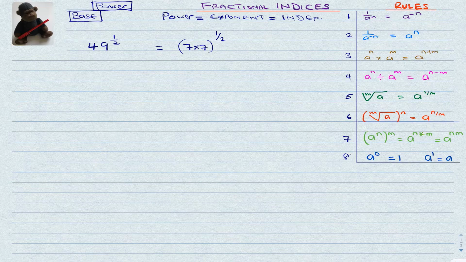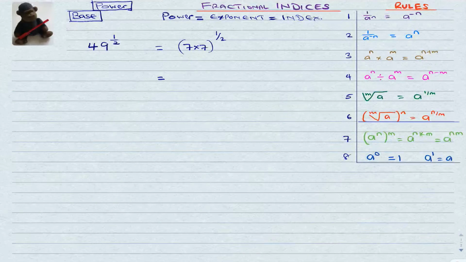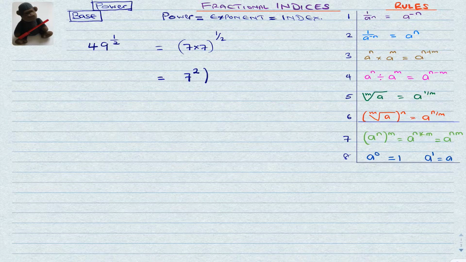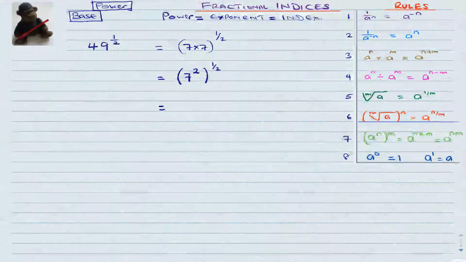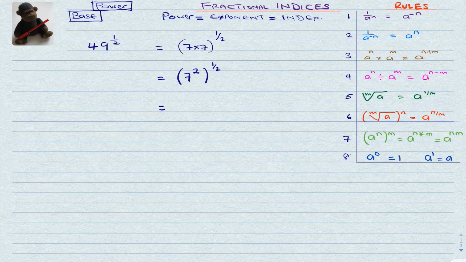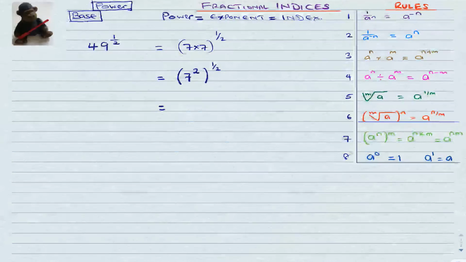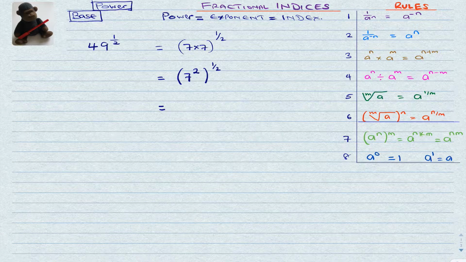When we add them together, we get 2. So we get 7 squared, to power of a half. And that equals, we need to multiply the power, rule number 7. We need to multiply the two powers, the inner power and the outer power, together.